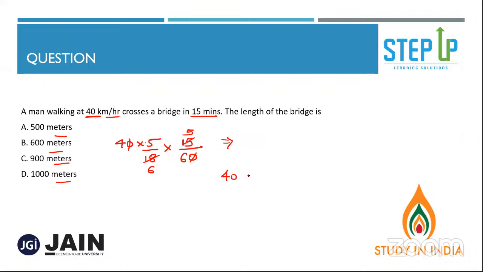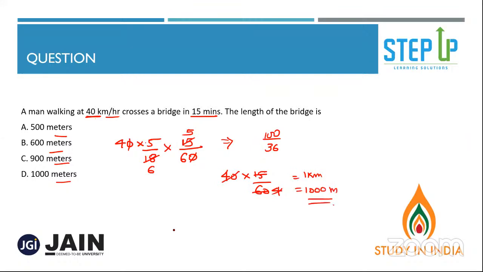40 into 5 by 18 into 15 by 60. 1000 meters you are saying is the answer. 40 into 15 by 60 is 1 by 4, so 1 kilometer is the answer, that is 1000 meters.